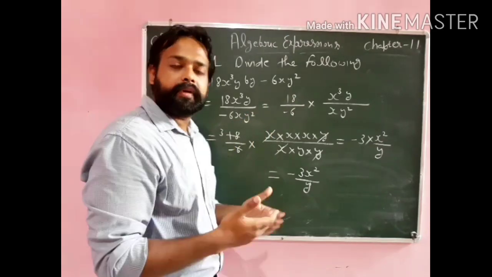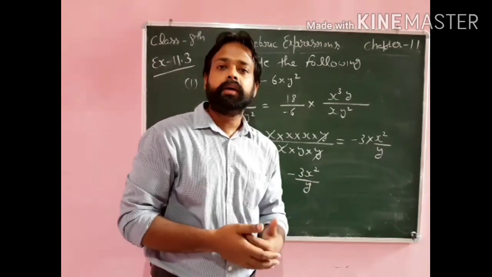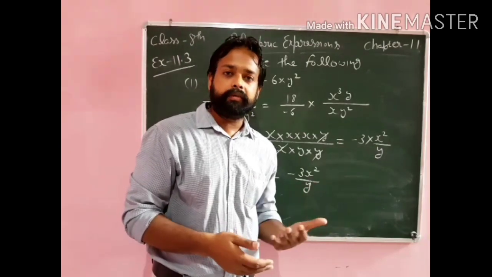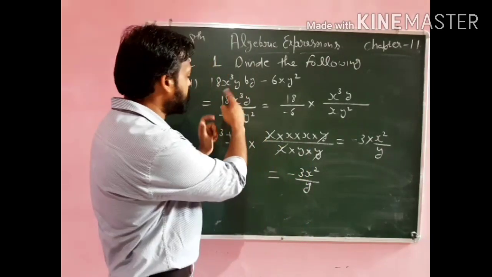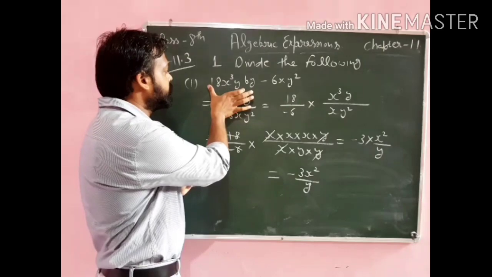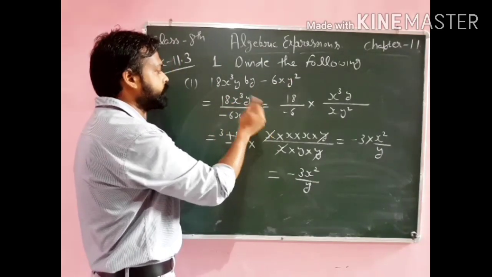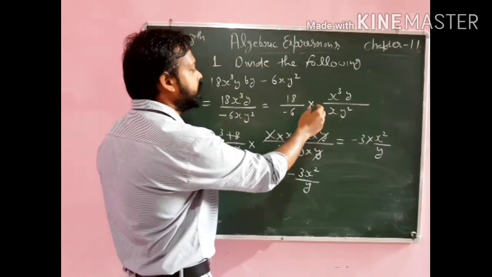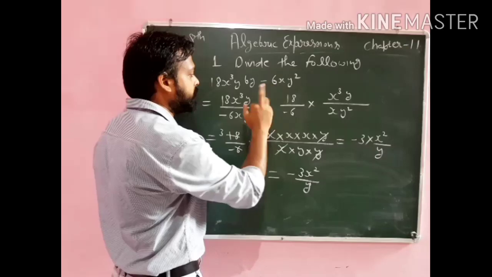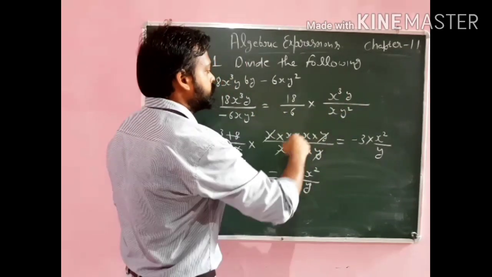In my previous video I explained how we can separate the numerical values and the variable values. Now I am going to apply this step here. After writing it in this way, 18x cubed y is divided by minus 6xy square. So now we can separate the numerical values just by putting a multiplication sign between the numerical term and the variable terms.